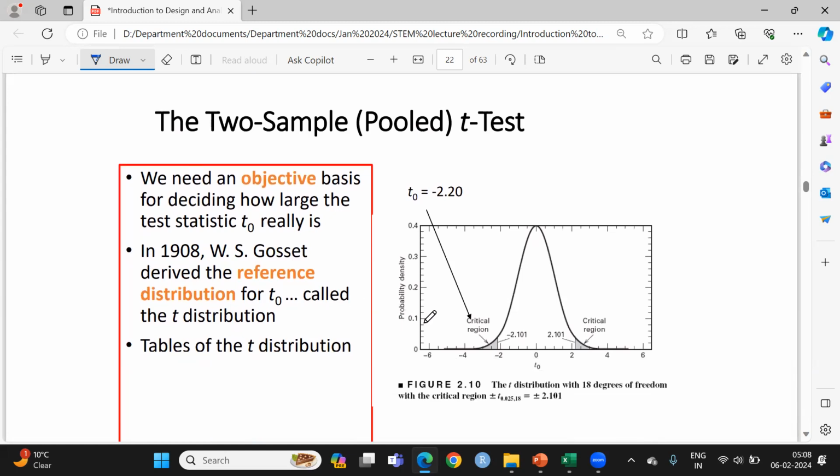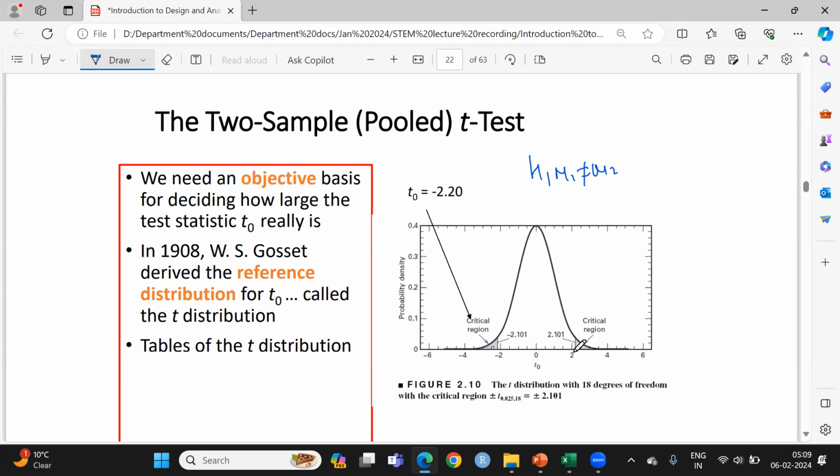As discussed earlier, we have to divide our probability curve into some sections. This is called the critical region, and because we are doing a two-sided test, meaning whenever we write our alternative hypothesis as mu1 not equal to mu2, it is a both-sided test.